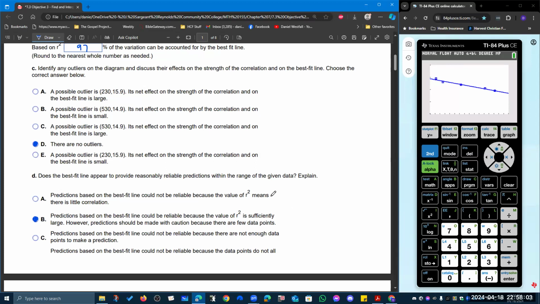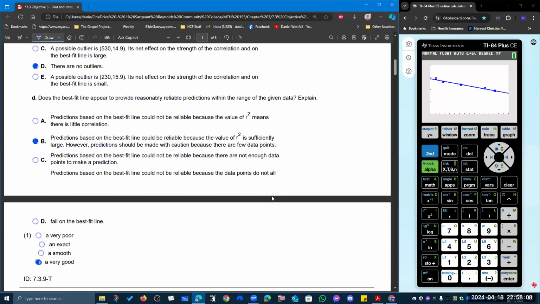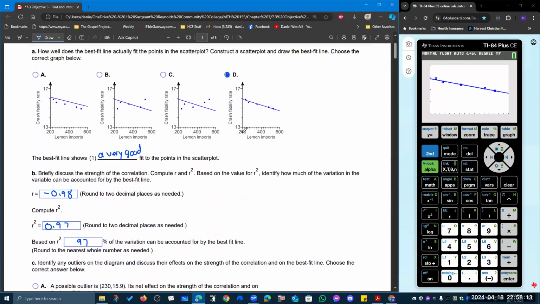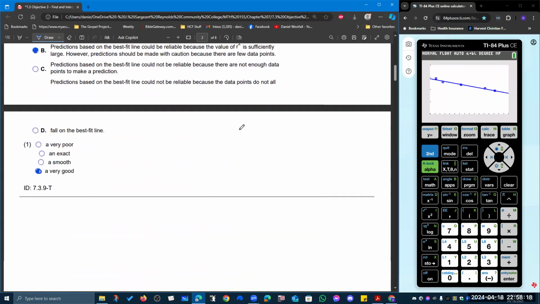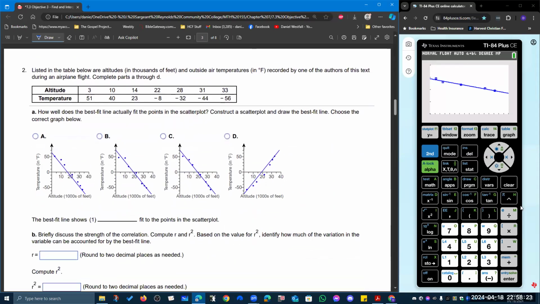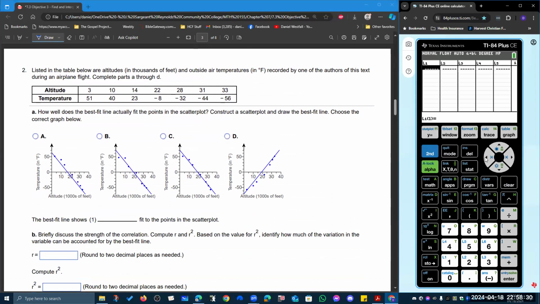And we also know, like I said, that this is a silly example to show that we can show correlation between lots of things where there's probably no causality. So let's go ahead now and look at number 2. And we're going to put in altitude and temperature. There should be a direct relationship here.